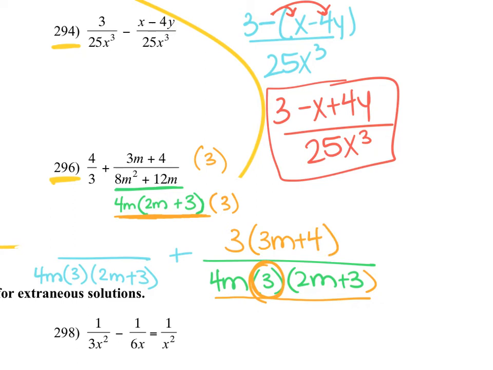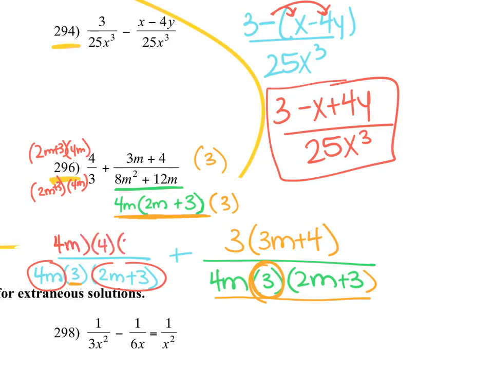The 4/3 was already here, but I actually added a 4m and a 2m plus 3. So I'm going to put that on the top because I multiplied this by a 4m and a 2m plus 3. So I get 4m times 4 times 2m plus 3.